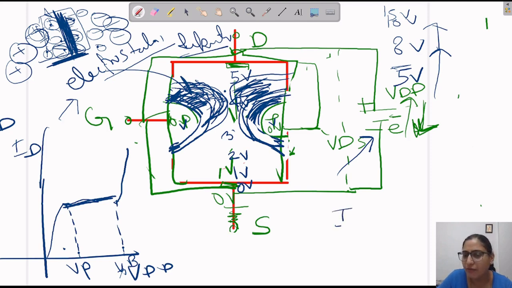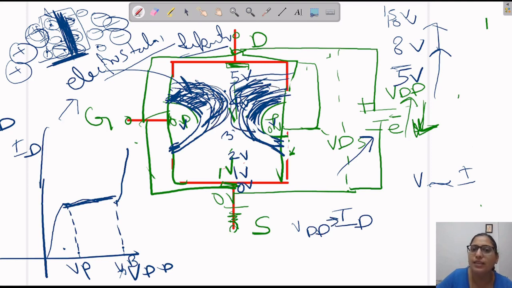By V equals IR, if we increase the voltage, current will increase, but in a semiconductor it is not necessarily so. If we increase VDD, the depletion width will increase, so the resistance of this channel will increase, which means ID will decrease.